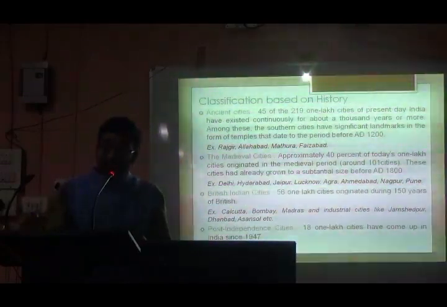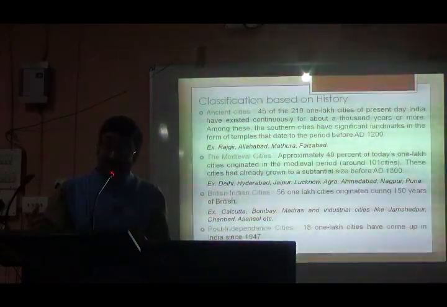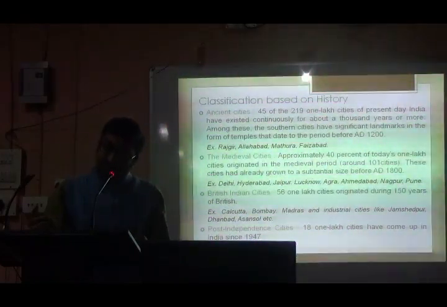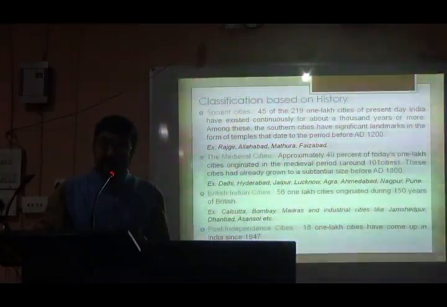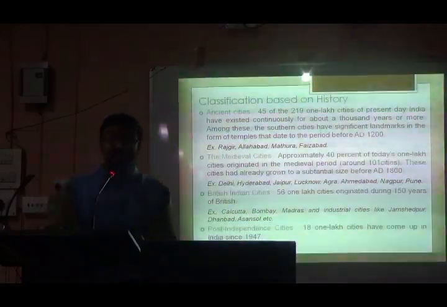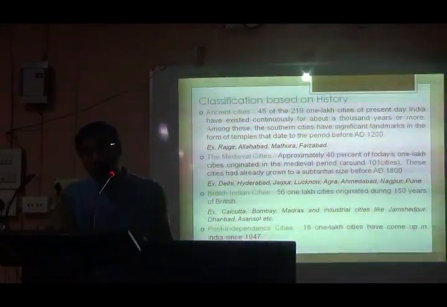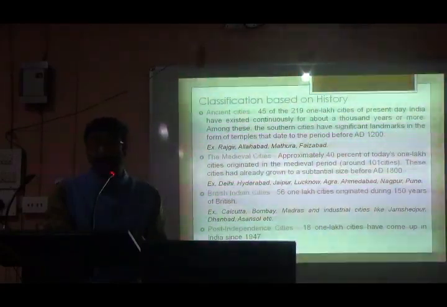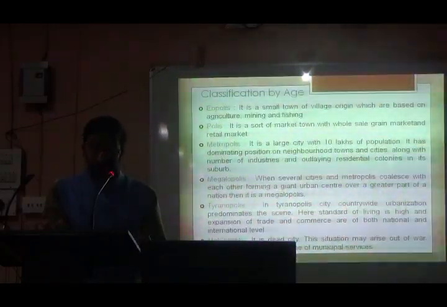Here one thing we have to observe, that we pronounce Calcutta, Bombay, Madras, not Kolkata, Mumbai, Chennai, because from the very beginning they were known as Calcutta, Bombay. That's why I am telling. Post-independence India is also experiencing the development of administrative towns like Chandigarh.